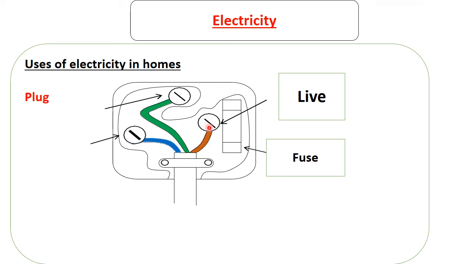This one is very dangerous. Don't touch it. Other than the live, there is the neutral. What the neutral does is complete the circuit. Power from the live will go to the appliance and will come back through the neutral.